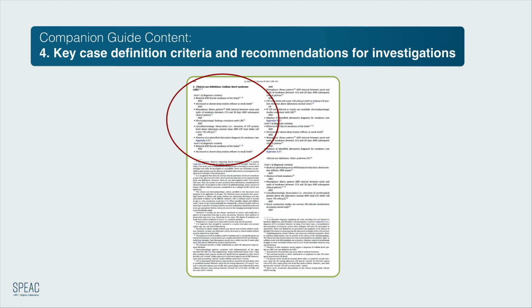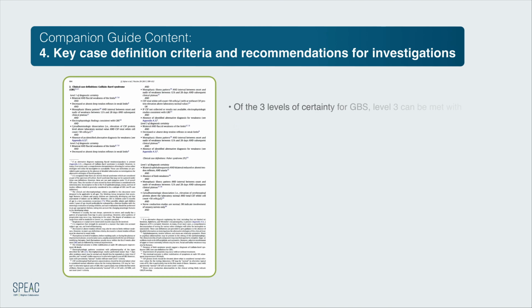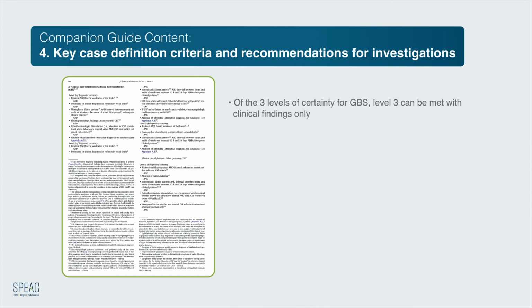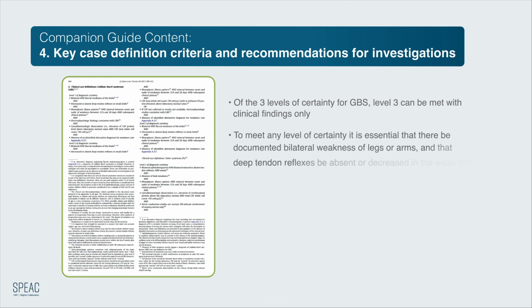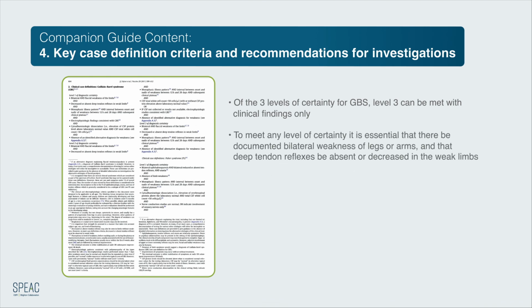The key case definition criteria section of the guide summarizes the most important aspects of the case definition in bullet points rather than footnotes. For GBS, it's noted that the case definition level 3 can be met based on clinical criteria only, but also that to meet any level of certainty, there must be bilateral weakness of arms or legs, and deep tendon reflexes must be absent or decreased in the weak limbs.